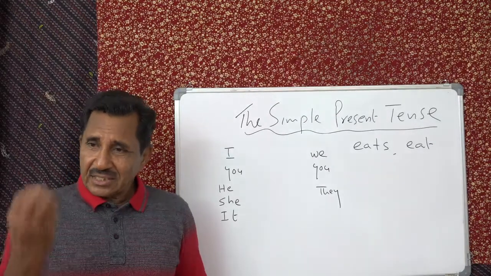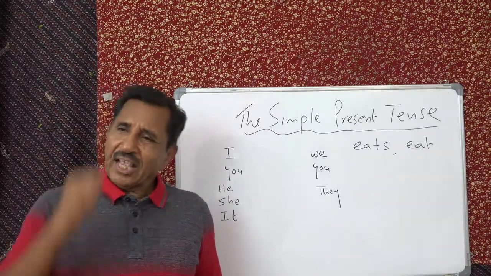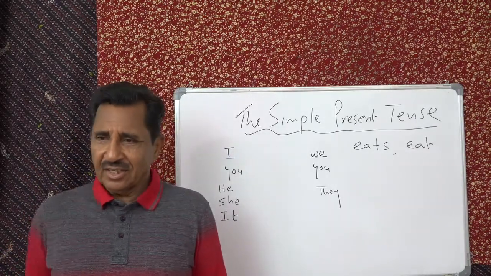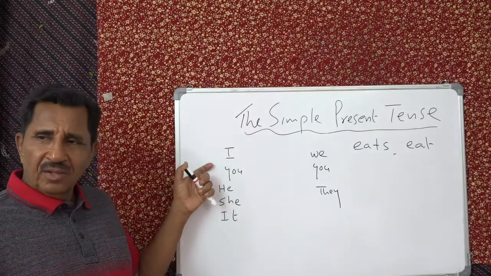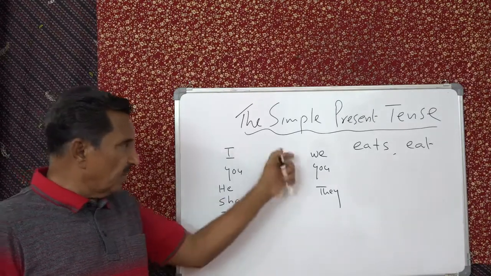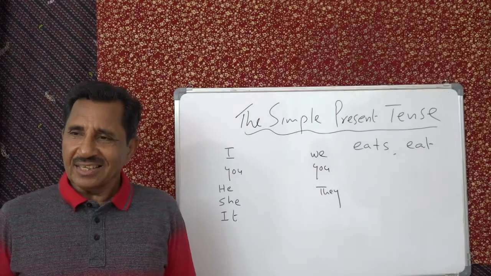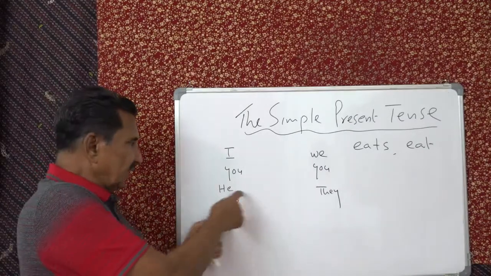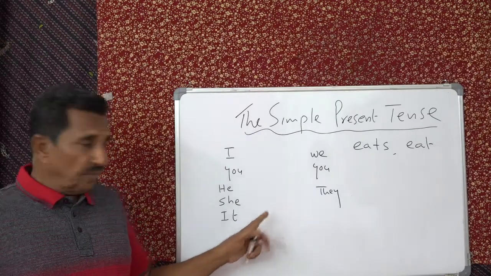The starting point of any English sentence will be I or you or he or she or it or we or you or they. Understand? And he stands for all masculine singular nouns.